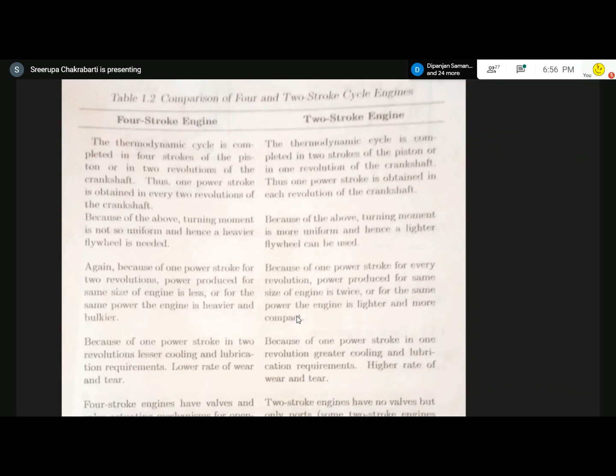If you compare 2 engines producing the same power, then the 2-stroke engine will be lighter and more compact.